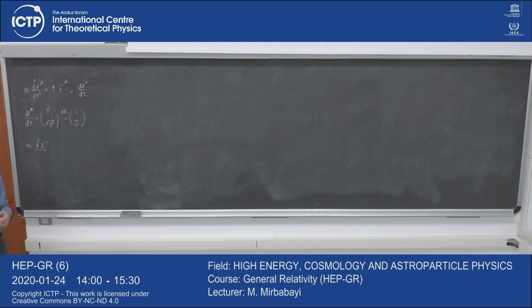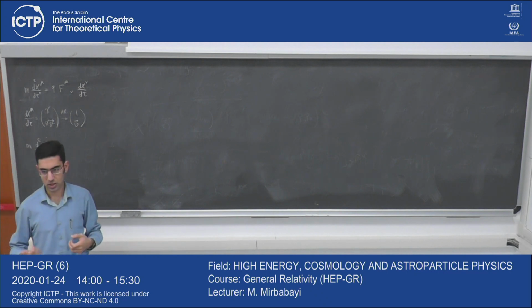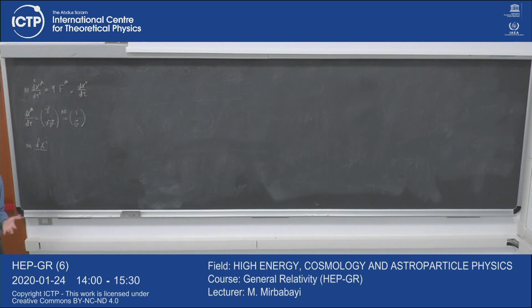So my clock is measuring the proper time, and it is also measuring the absolute, or coordinate, time. So for the ith component, we just get the second derivative of the position, which is the acceleration.